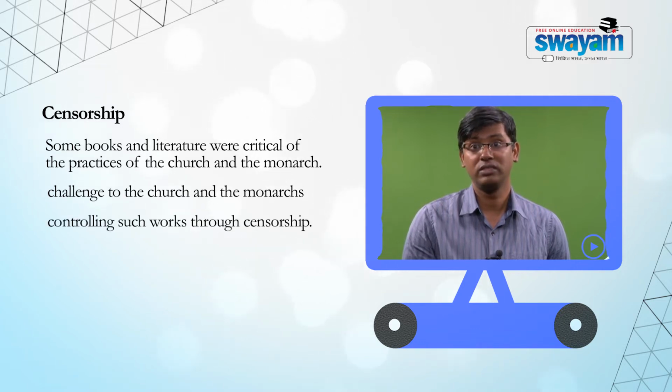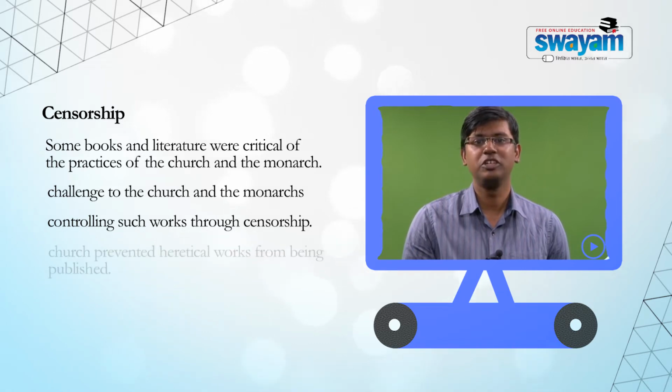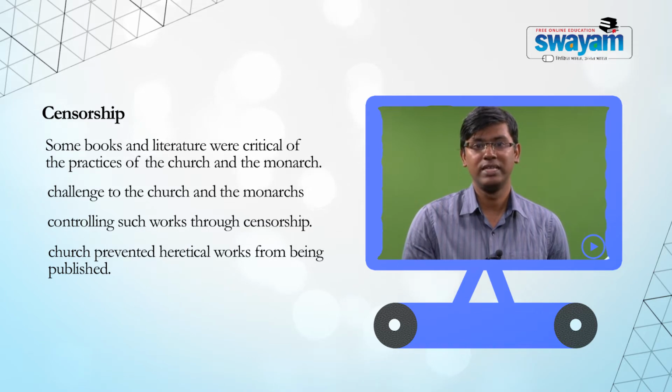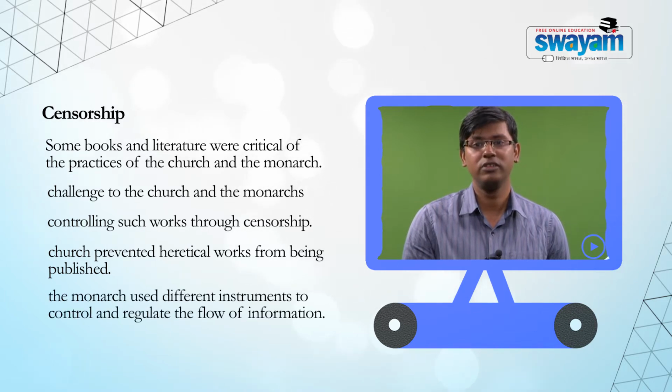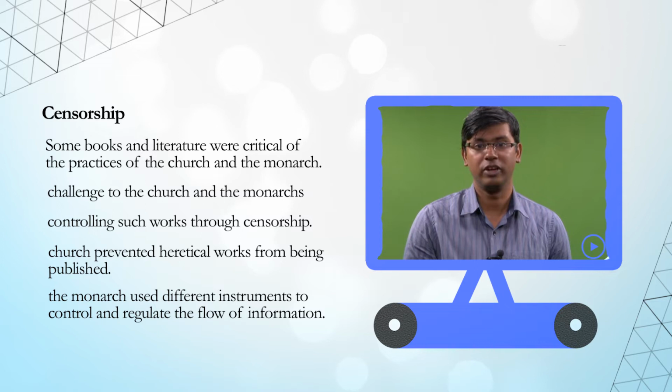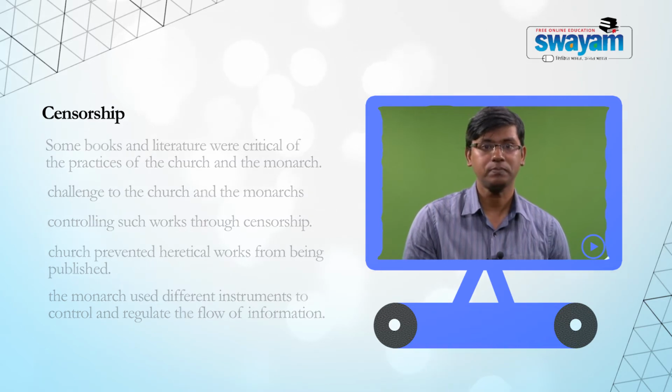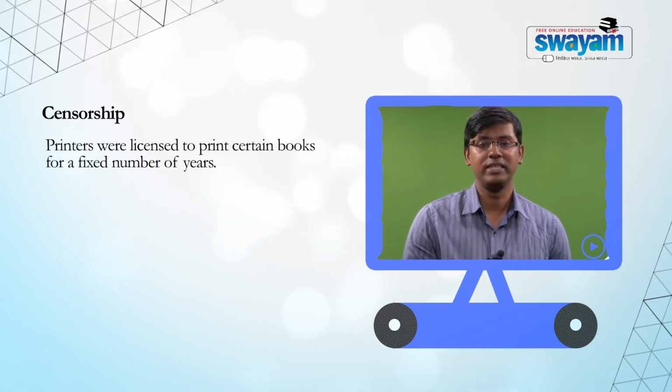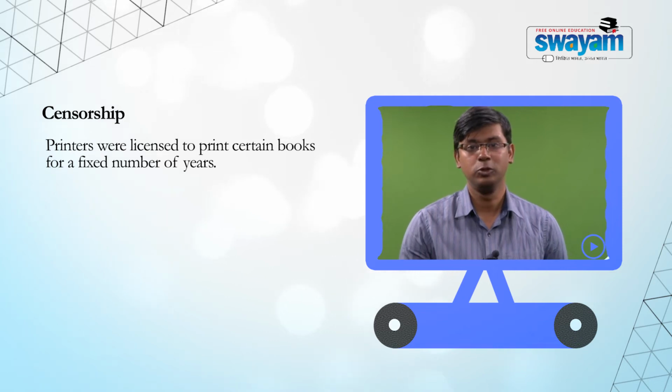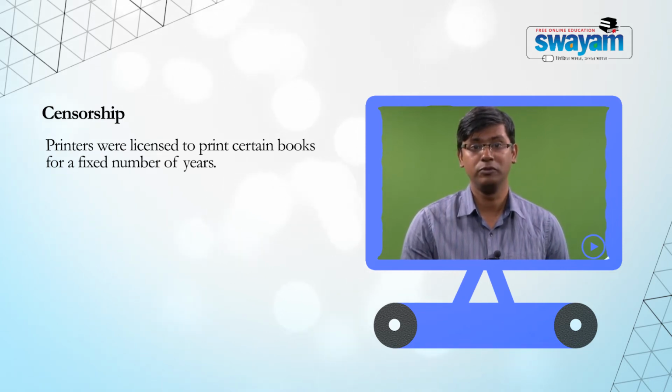One way of controlling such works was largely censorship. Initially, the church prevented a number of heretical works from being published. Subsequently, the monarch used different instruments to control and regulate the flow of information. Printers were licensed to print certain books for a fixed number of years.